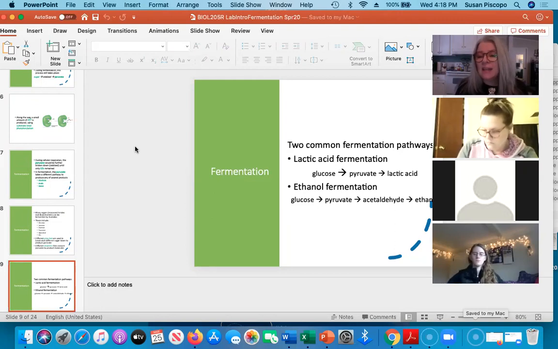So in lactic acid fermentation, an organism is taking that glucose molecule and again, making pyruvate. That's the first step. And then it's going to take that pyruvate and convert it into lactic acid.